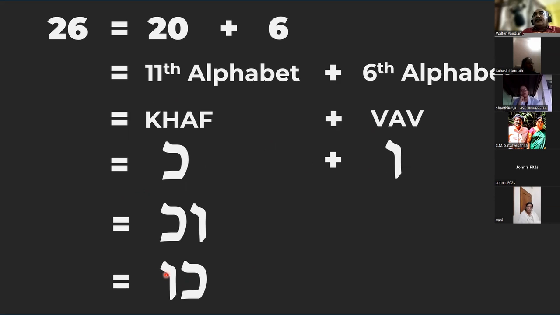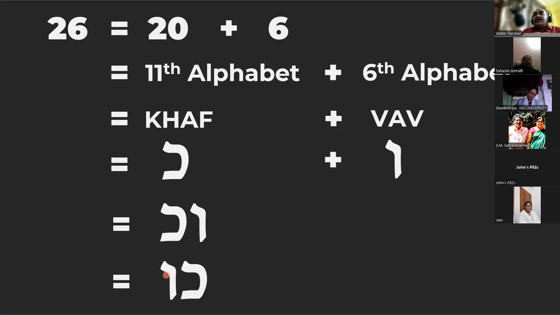Now, a small question. If I want to write 25, how to write it? Which alphabet do I need to write? Kaf and He. Yes, 25.